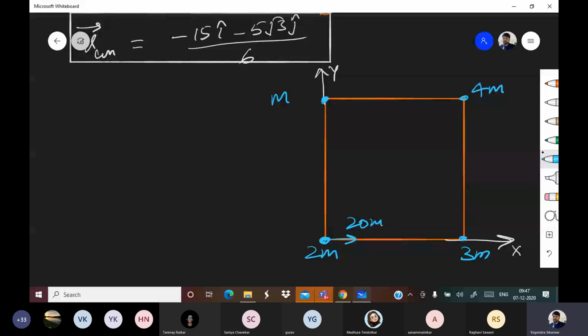The velocities are 20 meters per second, 30 meters per second, 10 meters per second, and 10 meters per second. Find VCM. Quickly find. All of you can find and all of you should find.